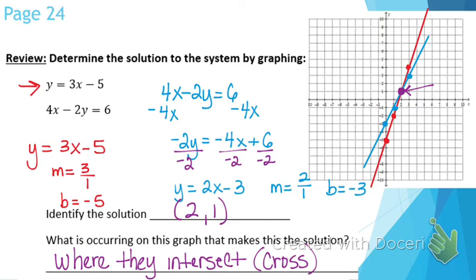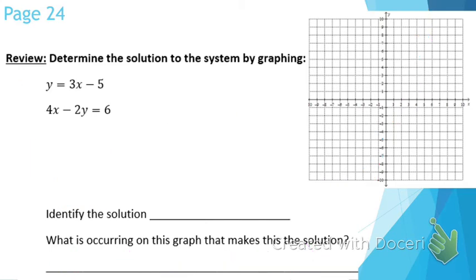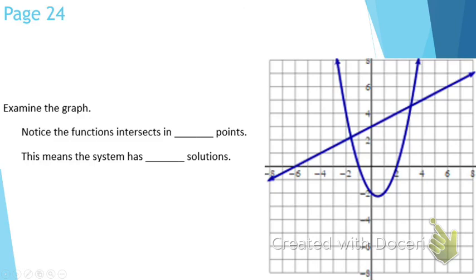So let's look at the parabola. So looking at this example, this is the first example. Notice how many times does that line go through the parabola? Show me with your fingers. 2 times.